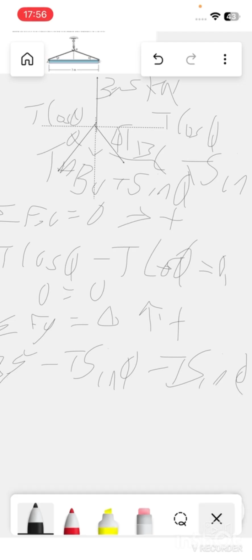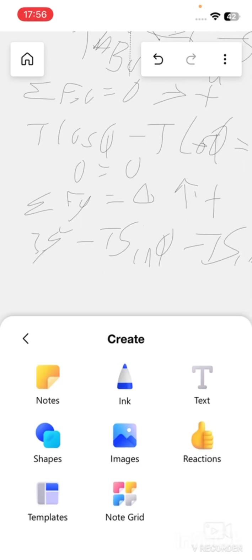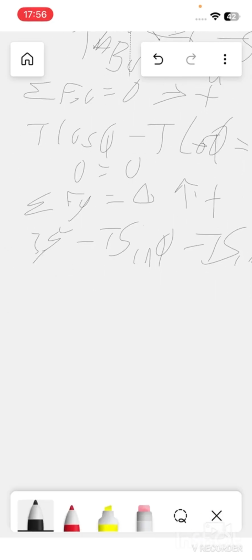No, we know it equals 0. Therefore, we're gonna have negative 2T sine theta is equals to negative 3,5.